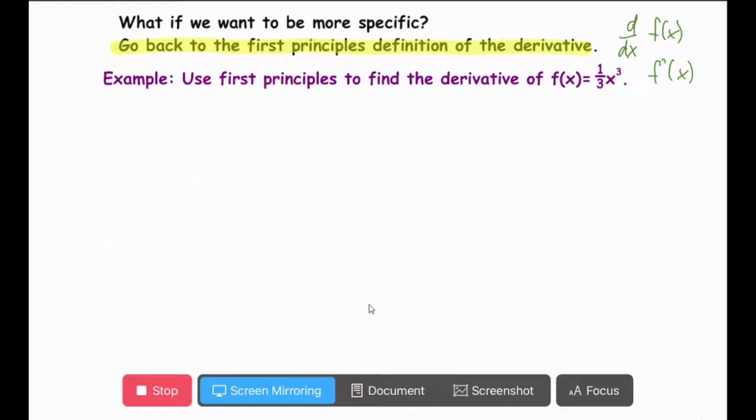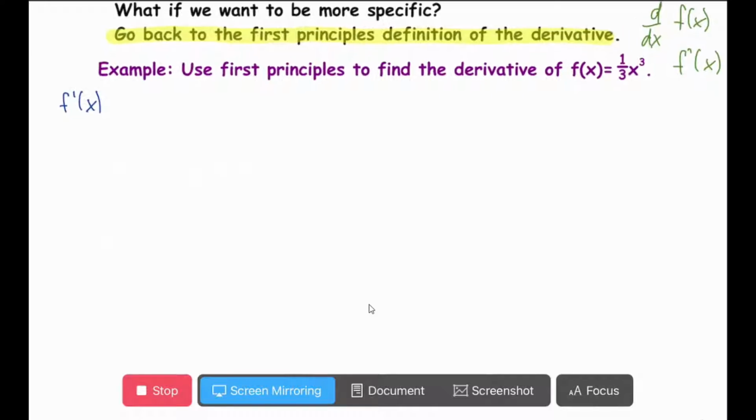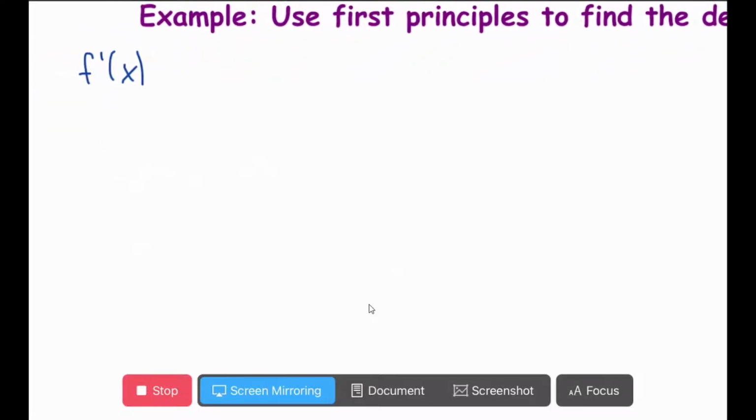Let's work through this. As always, we're going to start with our definition, especially because it says using first principles. So f prime of x is going to be equal to our limit as h approaches 0 of f of x plus h minus f of x over h. And let's start substituting things in. Equals limit as h approaches 0.